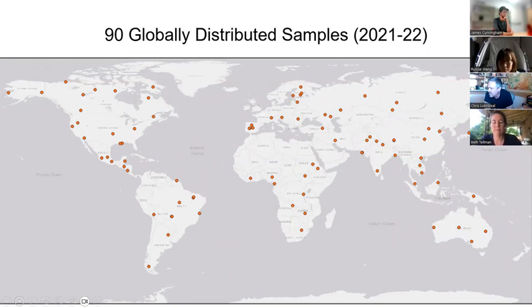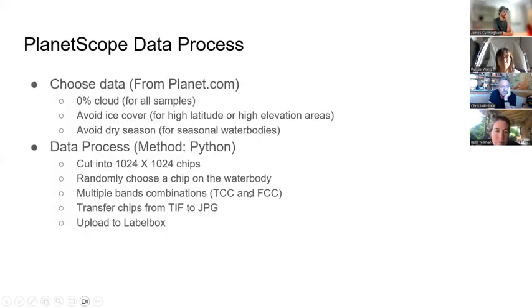And then we need to choose the PlanetScope images within 2021 to 2022, which should be the closest image that we have. For choosing data, we usually try to choose the closest to 0% cloud cover for all the samples, and for those samples in high latitude or high elevation areas, we try to avoid ice cover, which means we usually choose samples from summer or spring.